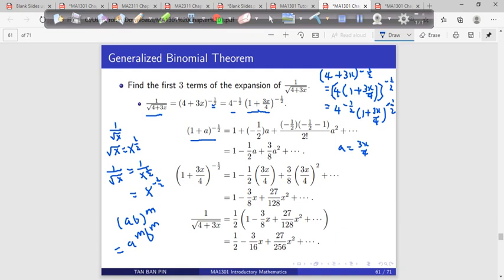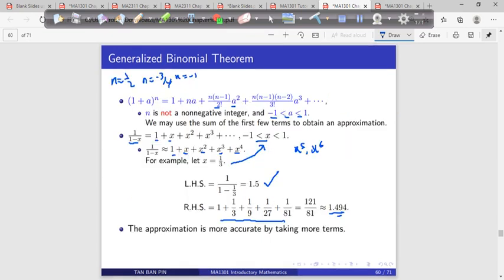We look at the formula for the generalized binomial theorem. If you write (1 plus a) power n, then you write down 1, na, n(n minus 1) over 2 factorial a squared, and so on. So it means you need to sub n as minus half in the example we are looking at now.